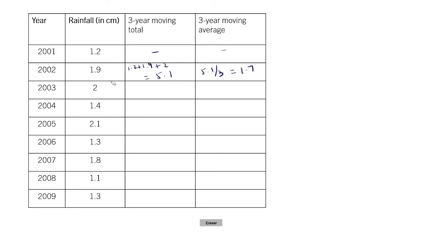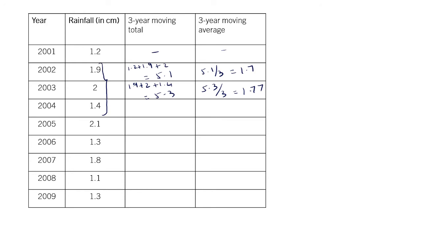And now coming to the next year. To find the 3-year moving total for the next year, we have to add these three: 1.9 plus 2 plus 1.4. So it is equal to 5.3. The 3-year moving average is 5.3 divided by 3. It is 1.77.